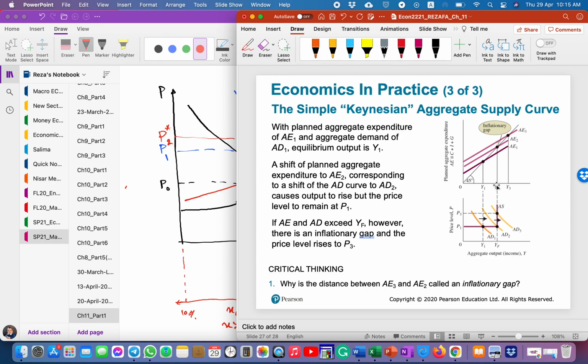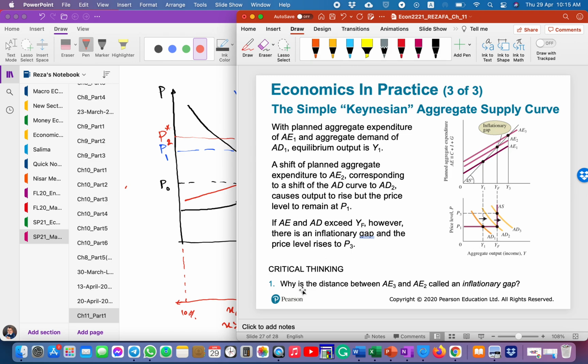So at full employment, if the aggregate demand shifts to the right, it only causes inflation. In real terms we are going to produce the YF level, not Y3, because of the inflation.